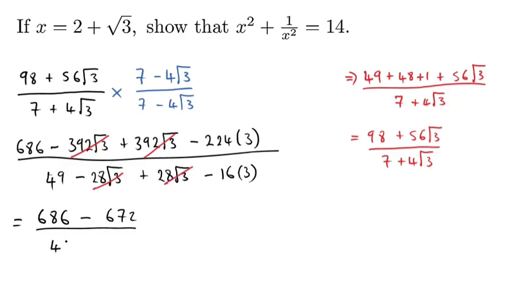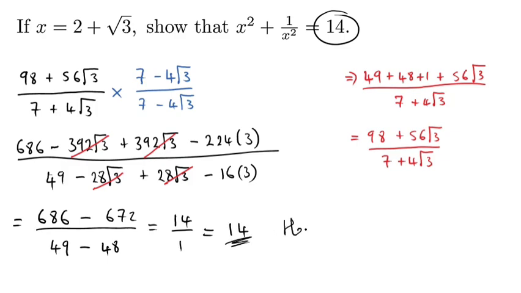So 49 minus 16 times 3, which is 48. 686 minus 672 gives us 14. 49 minus 48 is 1. So this is just equal to 14. And that's what we're looking for. So it's like that. It's shown.